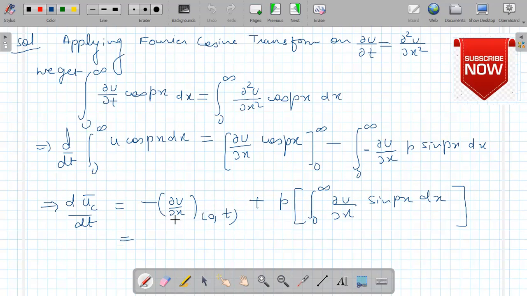So I should write here, since we assume that del u by del x approaches 0 as x approaches infinity.